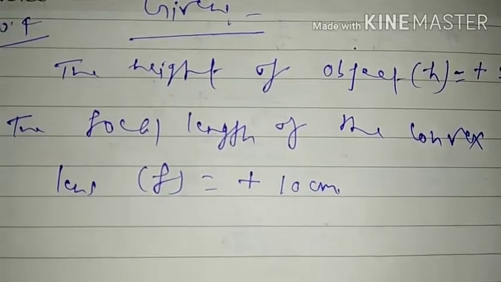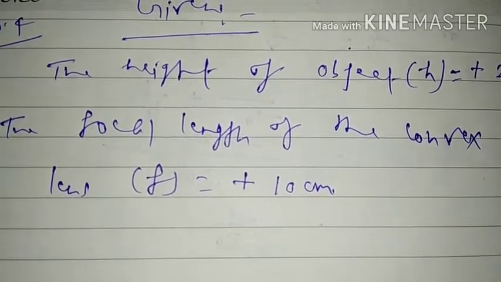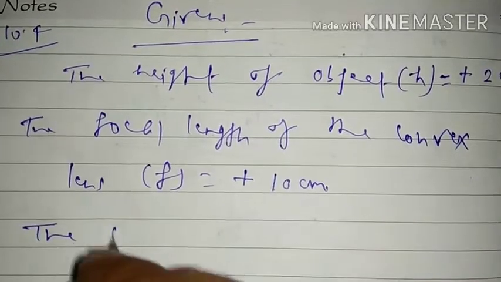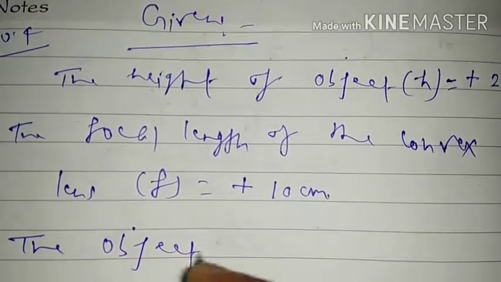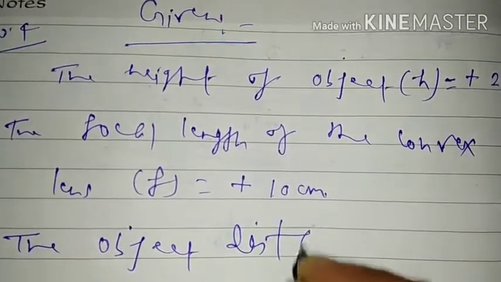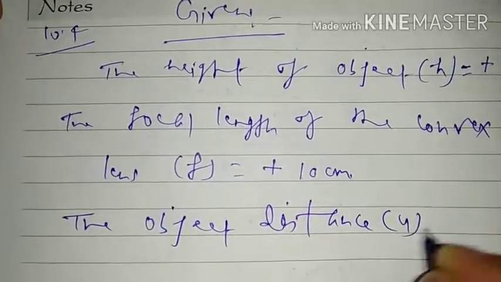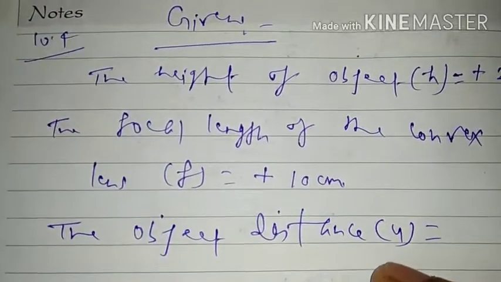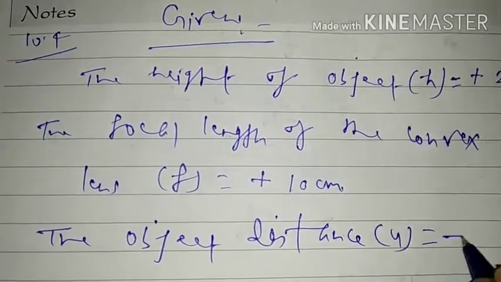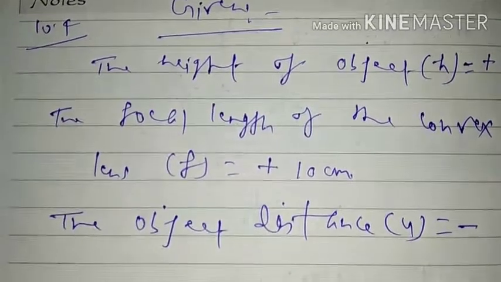Next thing, the distance of the object from the lens, the object distance, which is represented by u, and object distance will be negative always.